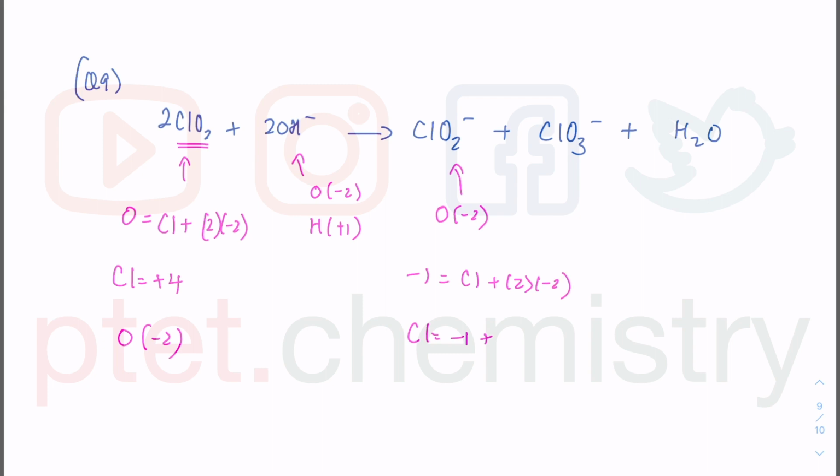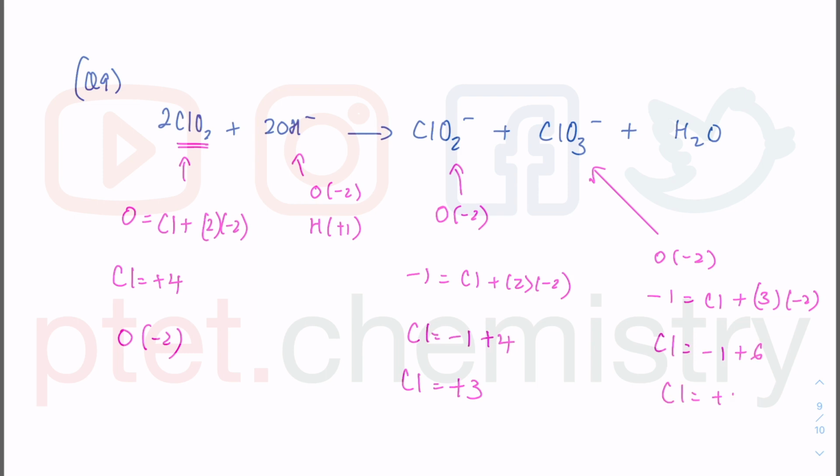So it's going to be chlorine equal to -1 plus 4, chlorine equal to +3 there. In terms of ClO3 minus, you got the oxygen to be -2, you got -1 to be the overall charge, which means the overall charge of the ion is the oxidation state of the ion. The chlorine is the unknown, and you got 3 oxygens now, 3 times -2. Chlorine is -1 plus 6, chlorine is +5 there.